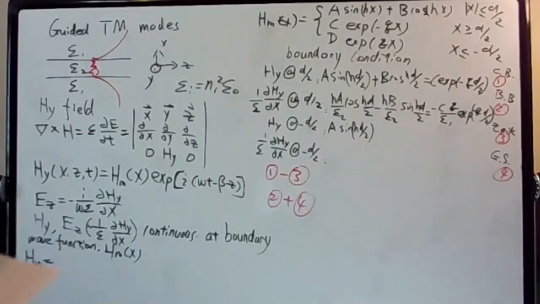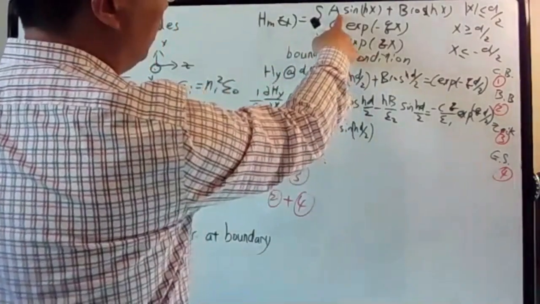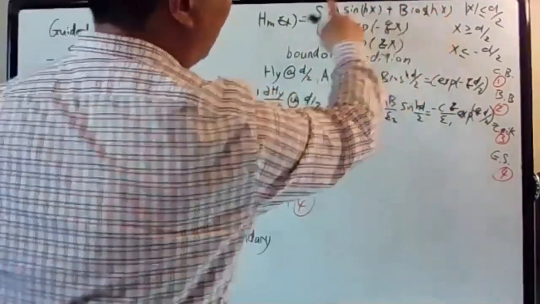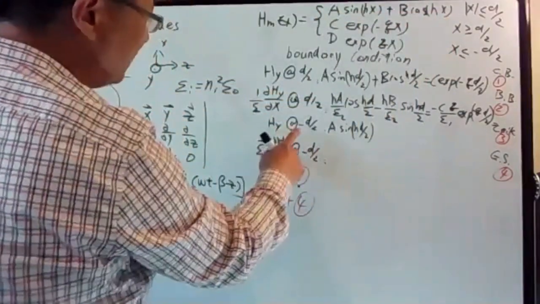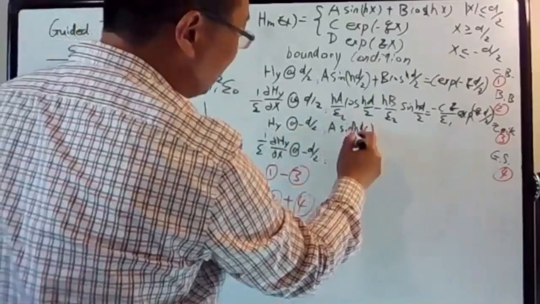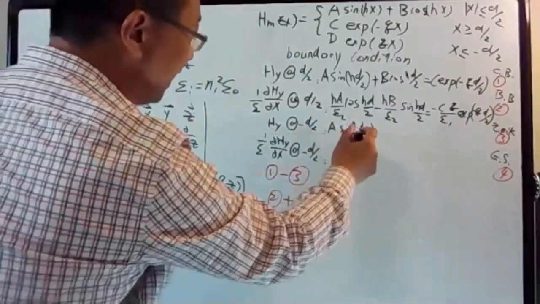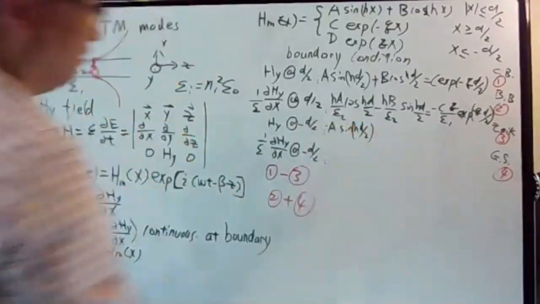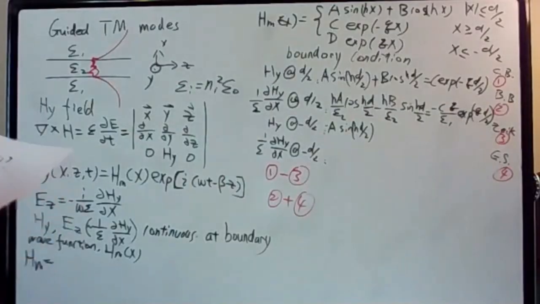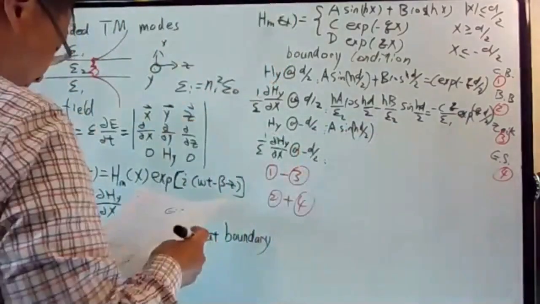So we're looking at this term, right? And then x is negative d. So it's A sine negative hd over 2, right? Yes. Let's move the negative outside. So it's negative A sine hd over 2. Okay, it's the same thing. Go ahead.